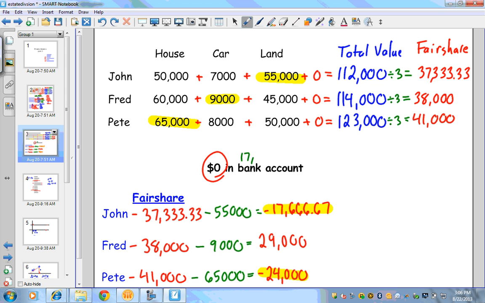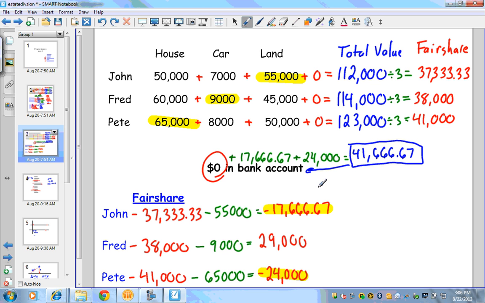So it's going to be a positive $7,666.67 plus the $24,000. And when we do that, we get $41,666.67. This is now the new amount in the bank account.